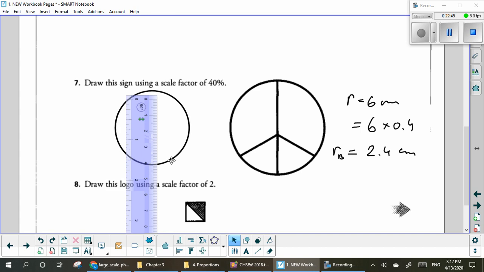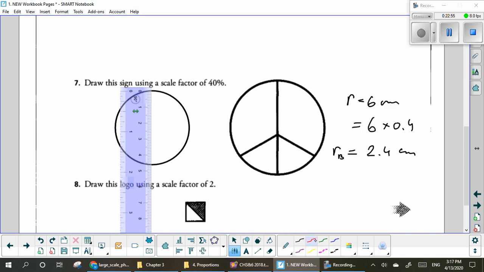There we go. And I can use a little bit of ruler, a straight line. Yes, I can. There we go, something like this. Oops, not that much. There we go.